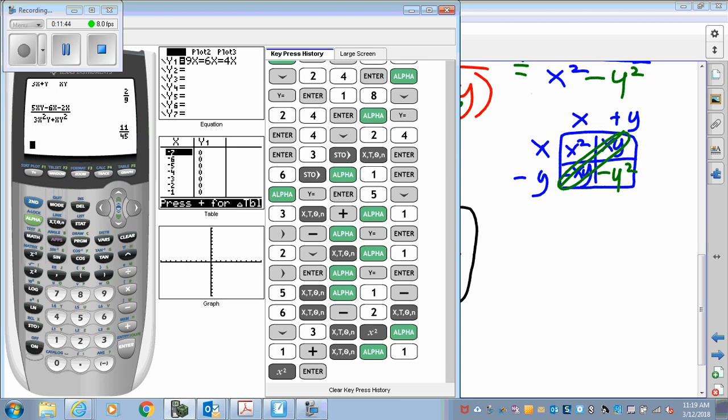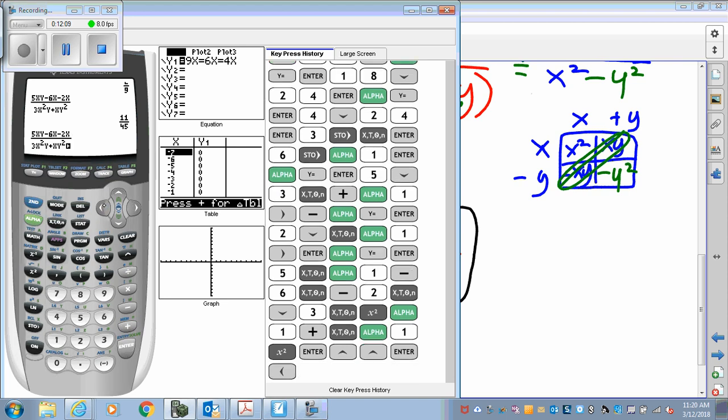Rats. Let me make sure I typed it in correctly. Oh, you know what? I put minus 2x on the top, right? Y'all with me? I typed in my numerator wrong. So I can fix it easily. I don't have to retype. I'm just going to go up there and hit enter. All right, and it's the minus 2.